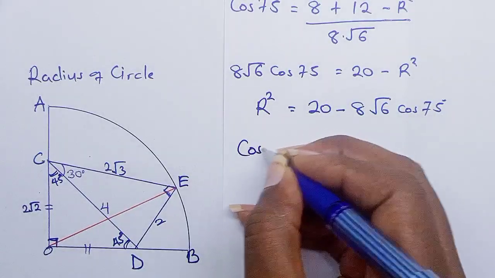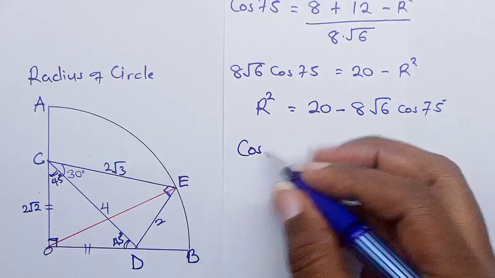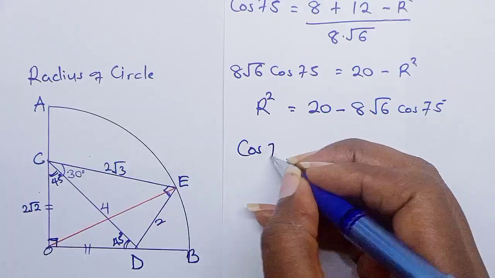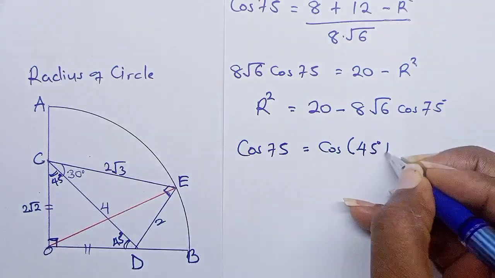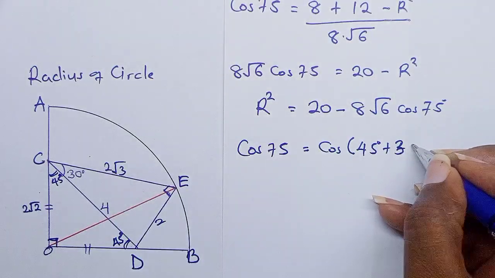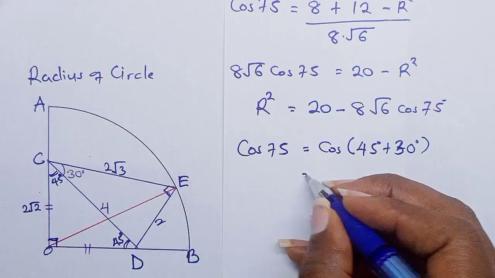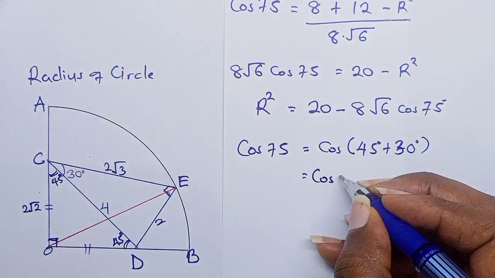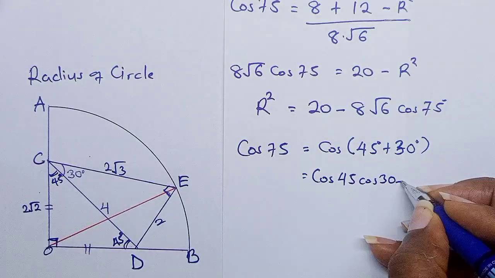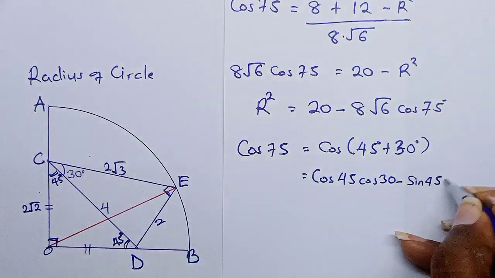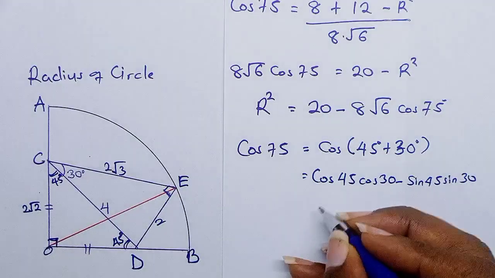So therefore, we know that cos of 75 is equal to cos of 45 degrees plus 30 degrees, which is equal to cos 45 cos 30 minus sine 45 sine 30.